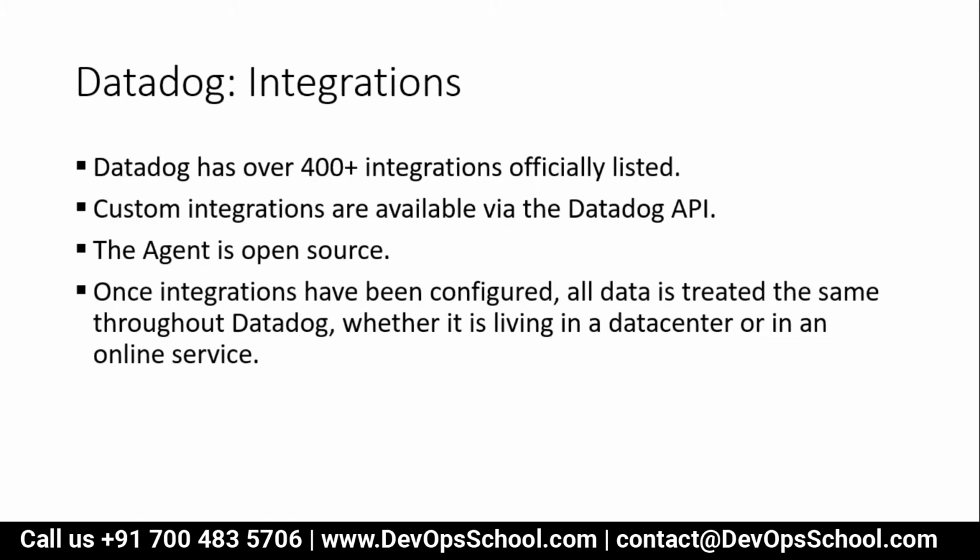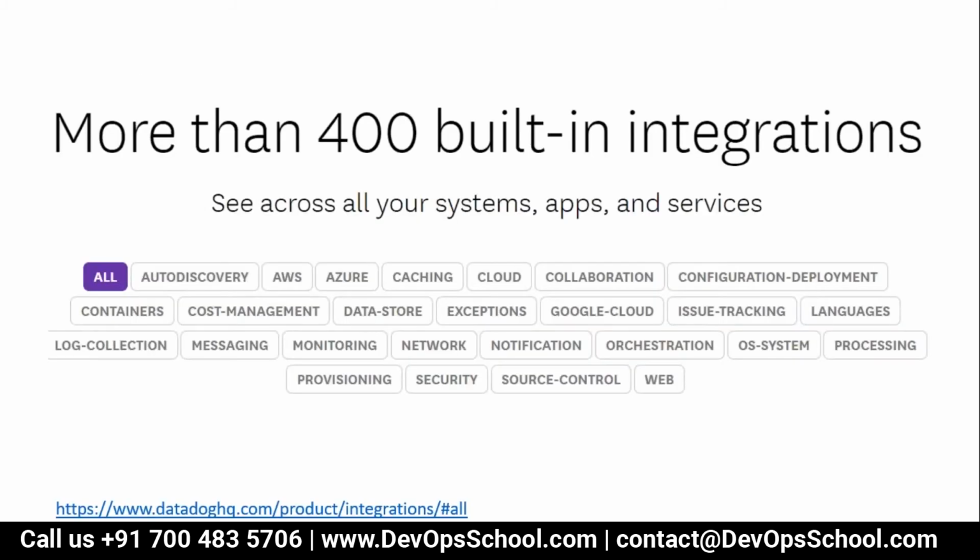Datadog has 400-plus officially listed integrations. Custom integrations are available as well, using the Datadog API. The agent is open source, which I have already talked about. Once the integration has been configured, all the data is treated the same throughout Datadog, whether it is living in a data center or in an online service.